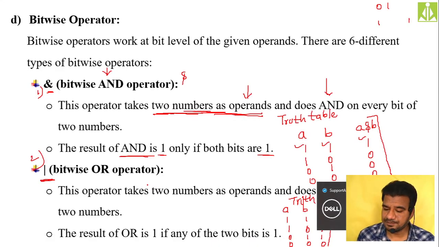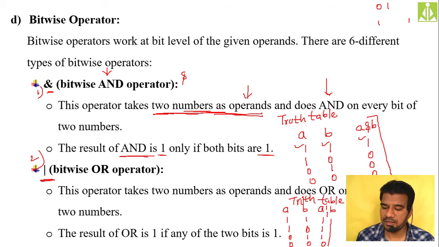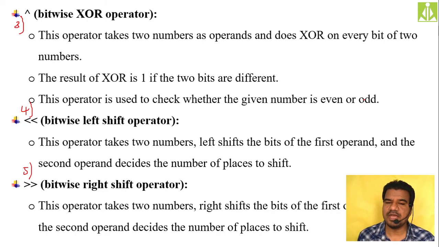The next thing, after bitwise OR, is the bitwise XOR operation. XOR works so that only if both the bits are different do you get 1. If you have the same bits, you get the result 0.